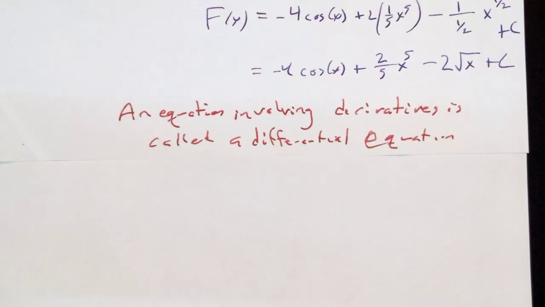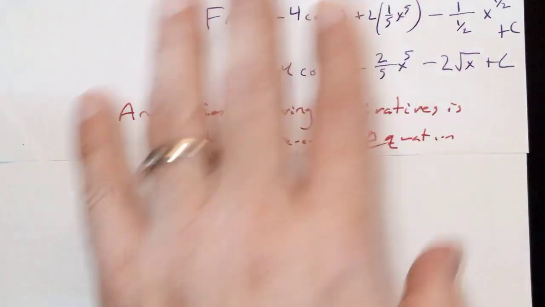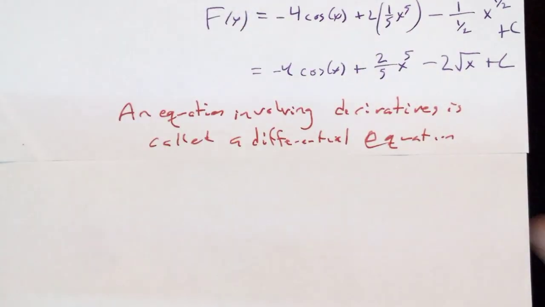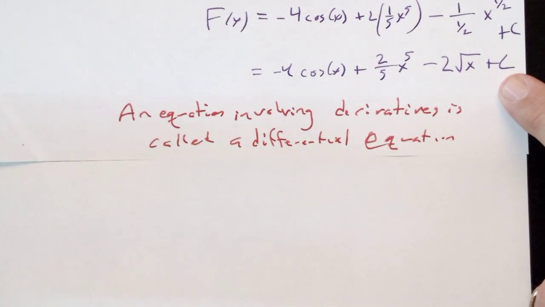But the situation I just gave you, where I gave you the derivative, you gave me the antiderivative, is missing something. Because there are infinitely many possible solutions to the problem because of this.